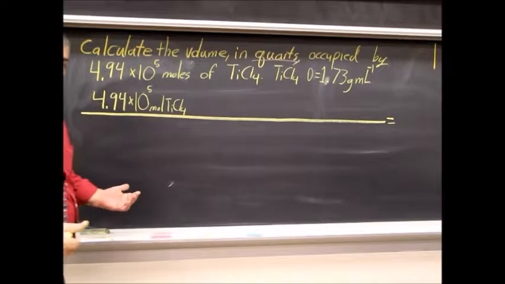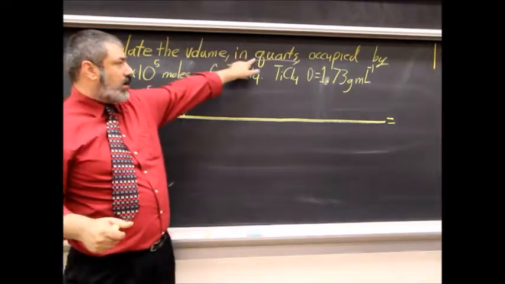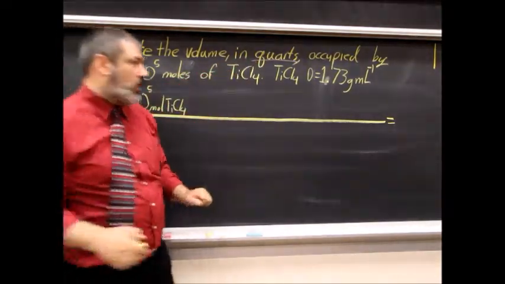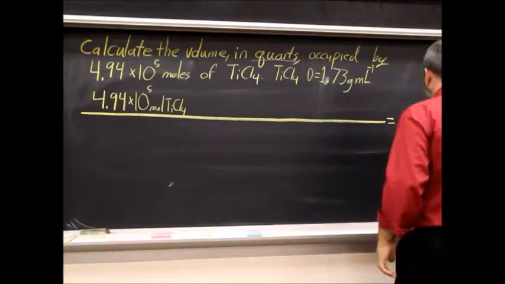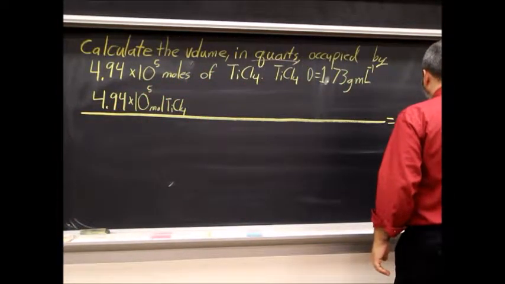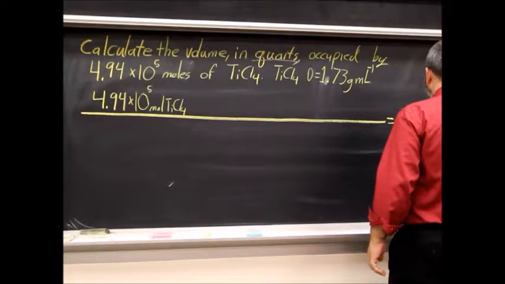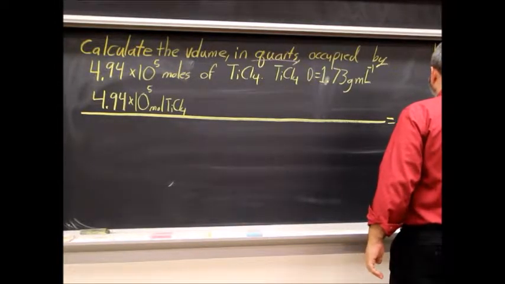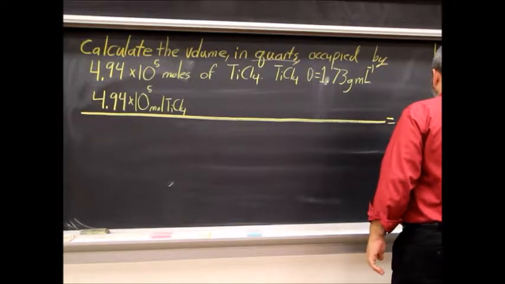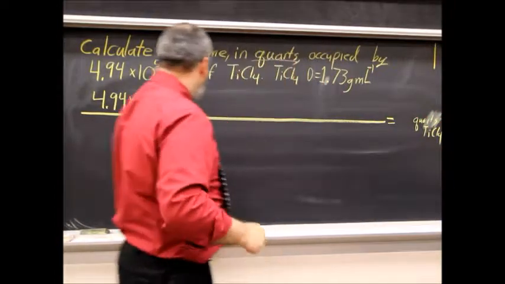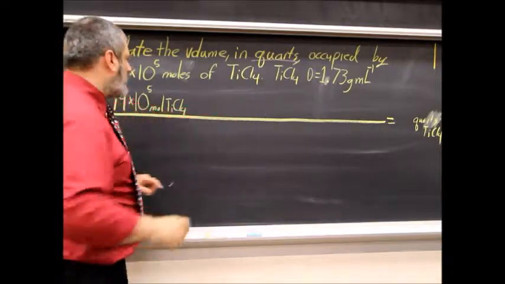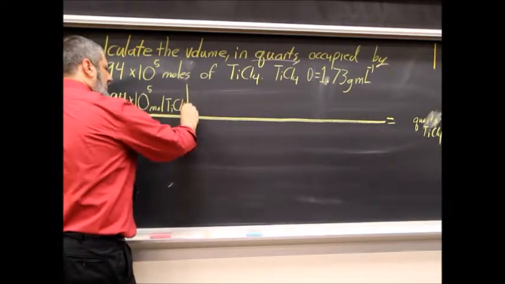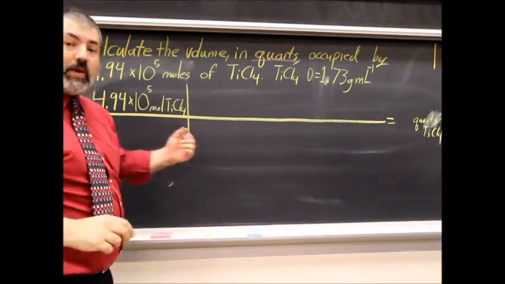It's not guesswork. We know our answer should be in the unit of quarts. So we have what we're given, we have the unit of what we want. So now we have to start grinding through the problem.